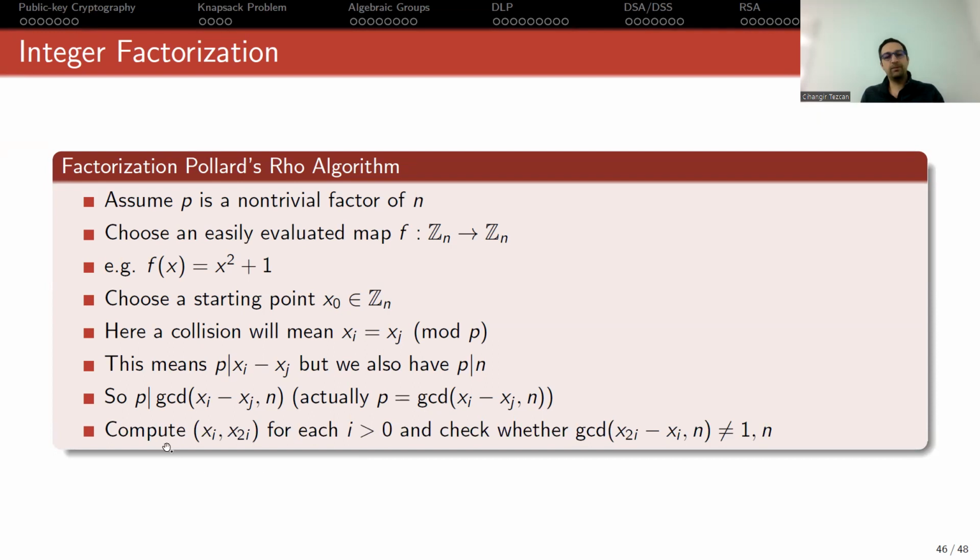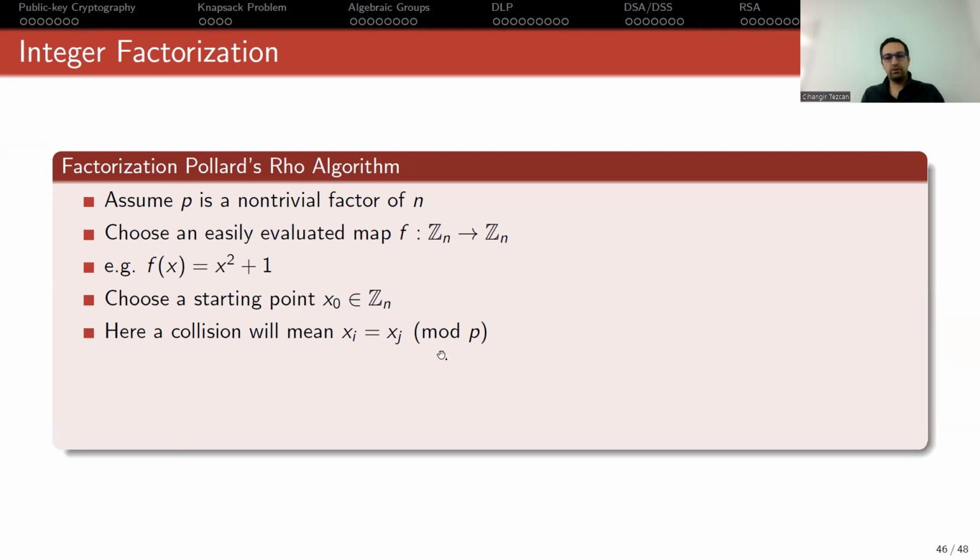So what you do is compute xi and x2i for each i, and check whether the greatest common divisor of x2i minus xi and n is different from 1 and n. It might look counterintuitive, but as you can see, our aim is to find p, and I cannot calculate this directly because I don't know p, right?